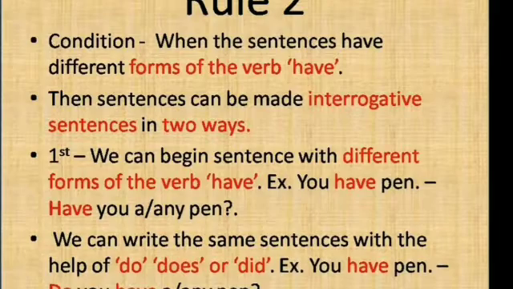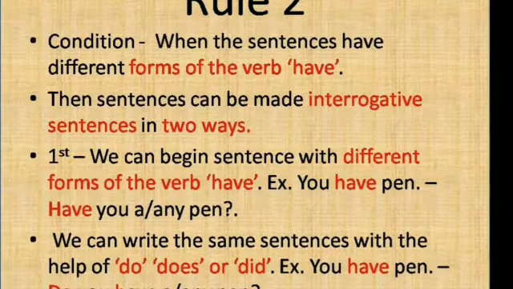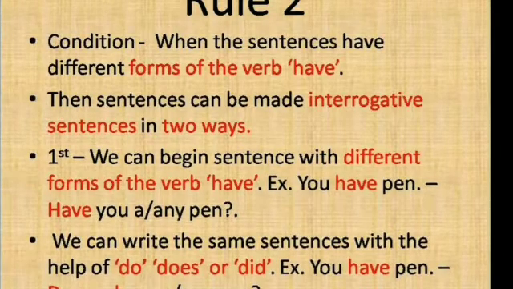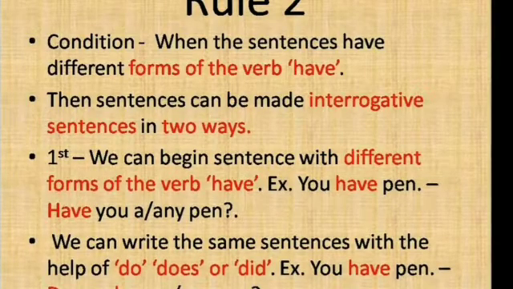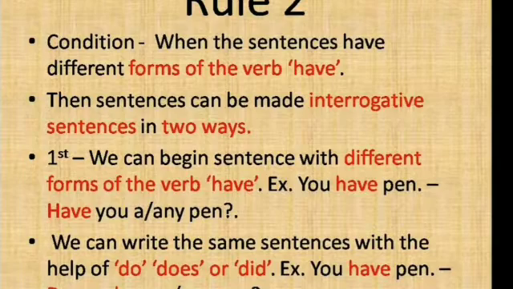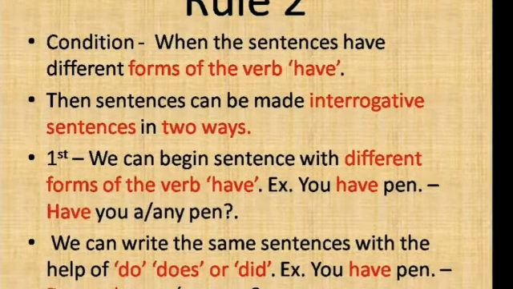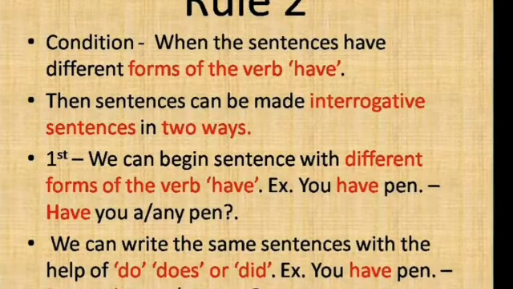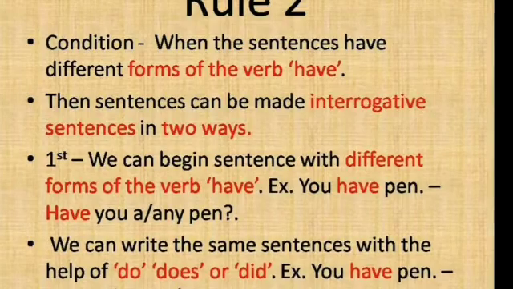Have you a pen? Or have you any pen? Second way is we can write the same sentences with the help of do, does or did. Do you have a pen? Or do you have any pen? But don't forget to put the question mark when you are transferring it into interrogative sentences.